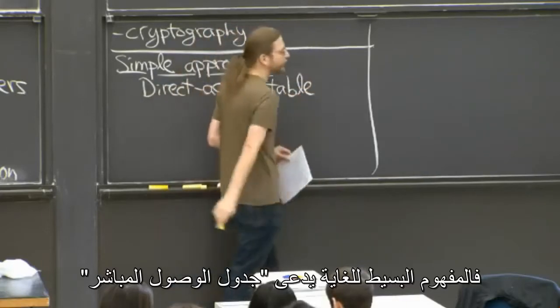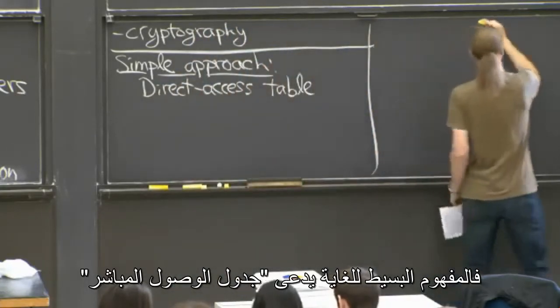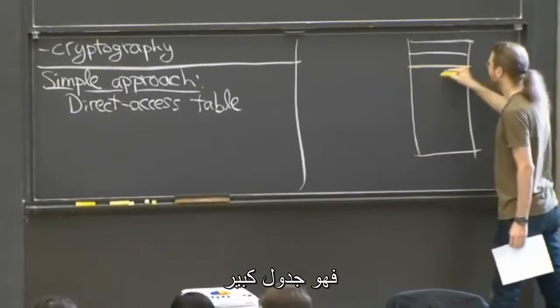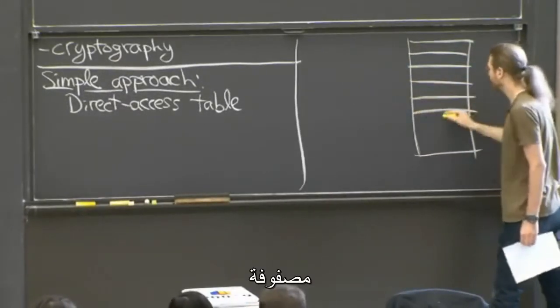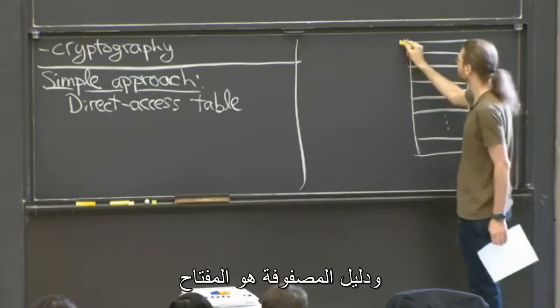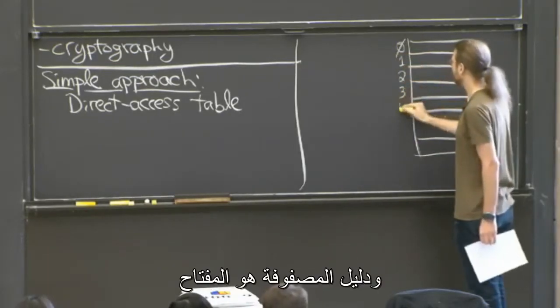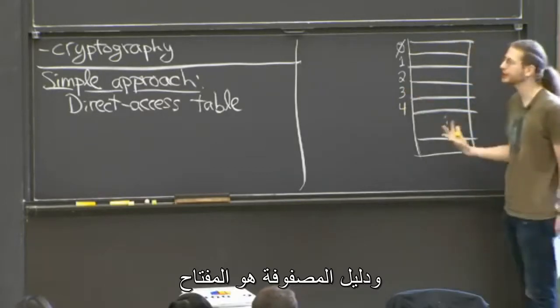So the really simple approach is called a direct access table. It's just a big table, an array. The index into the array is the key.